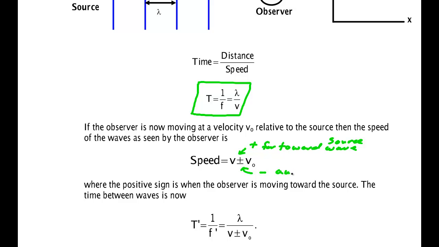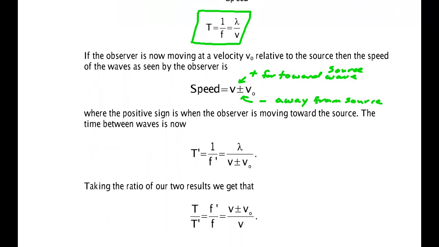Minus is for away from the source. Okay? Now we go and calculate the new time. We still have the same wavelength, lambda, but we have to divide by a new speed, and that speed is v plus or minus v naught.